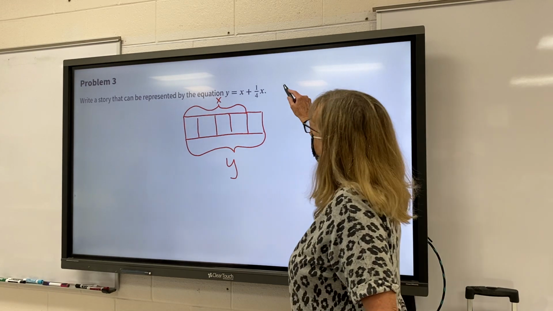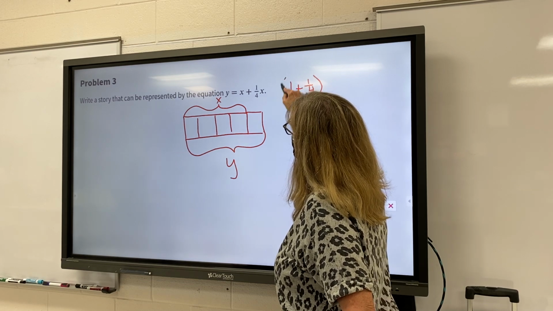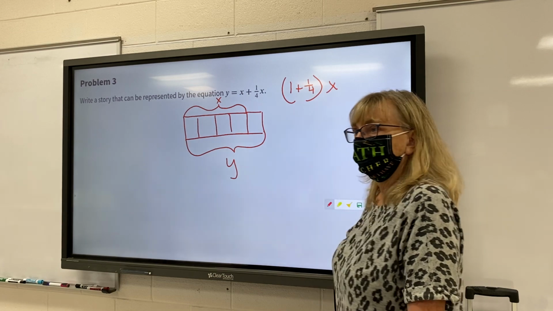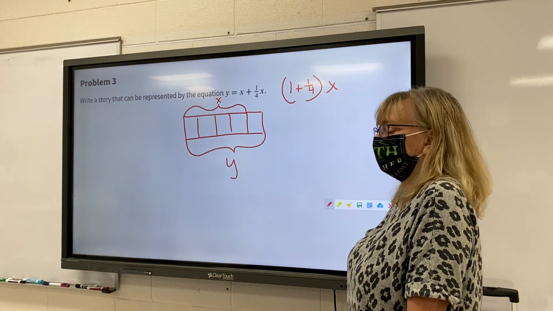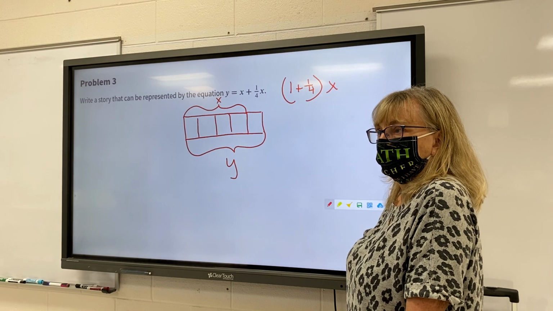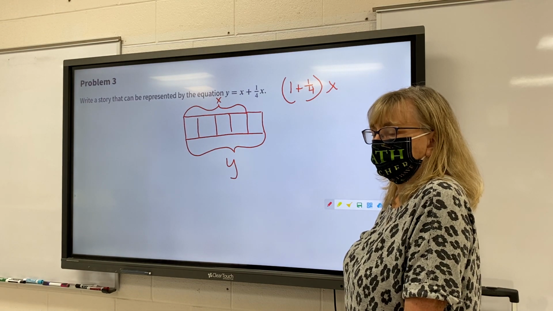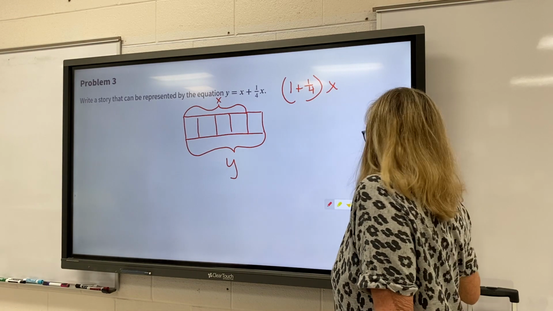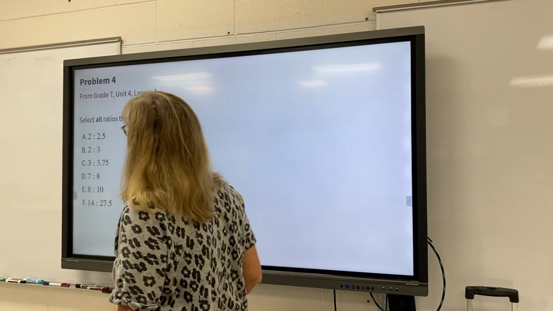Because remember, we can rewrite this as 1 plus 1/4, and all of that gets multiplied by x. Okay, going once, going twice, erase. All right, problem 4.